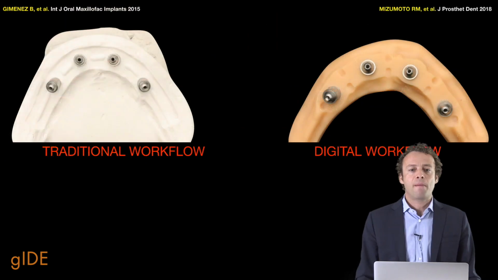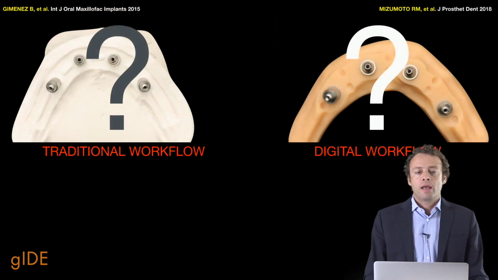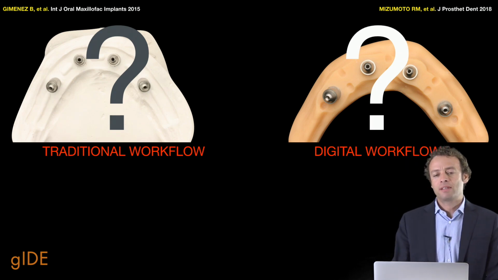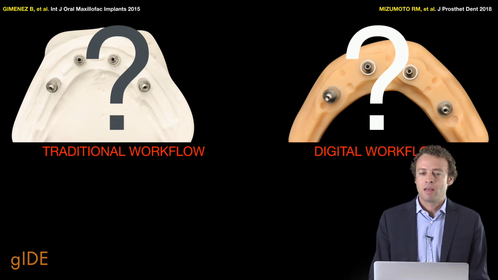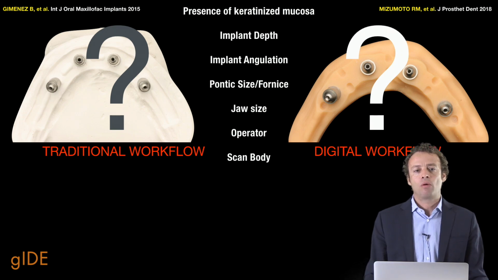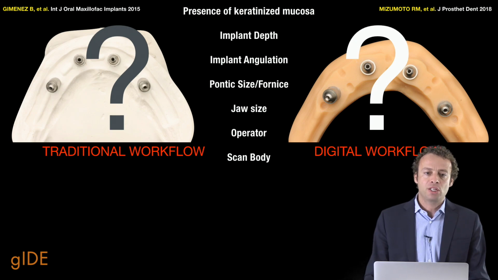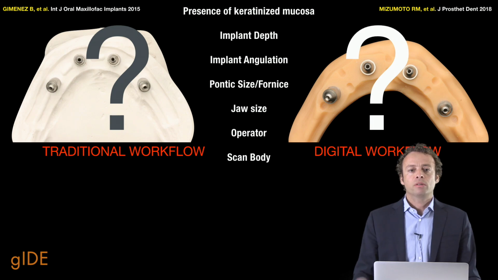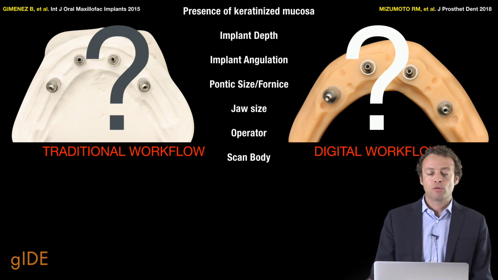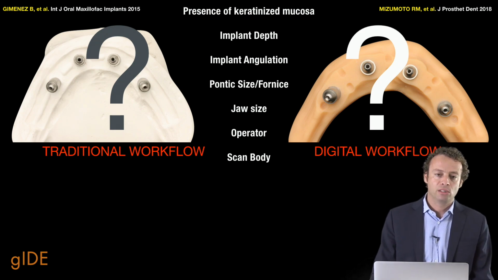In this case, for example, we can see how if we compare the digital with the traditional workflow, sometimes it's not easy to say that the result is the same. Because considering a specific study that we're doing with some clinicians, I can summarize that the presence of keratinized mucosa, the implant depth, the implant angulation, the pontic size, and the presence or not of the fornix, the jaw size, the operator, and also the quality of the scan body are all crucial factors for the reliability of the impressions.